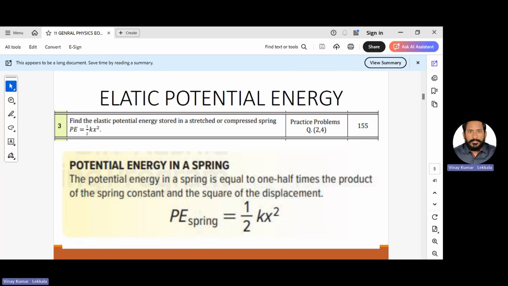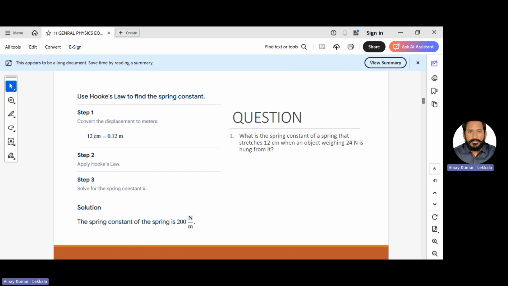So the third question is on spring elastic potential energy, half kx squared. This is one formula. There are sample questions to practice on the spring. They will give you how much distance the spring is extended and how much weight is given, and ask you to find the force.